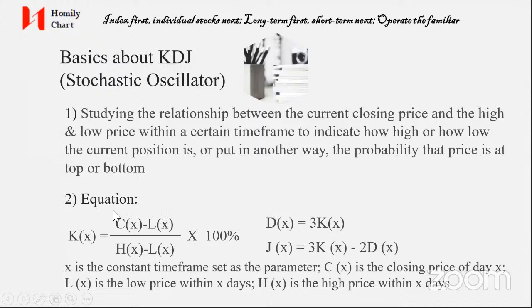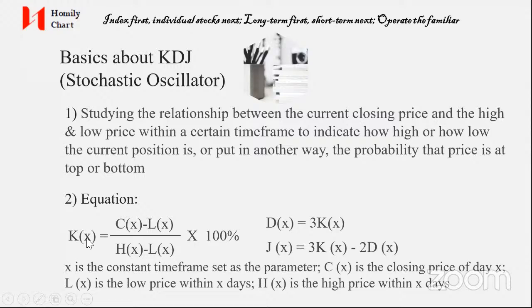This is the numerator here. And then the denominator is the high price for the last 14 days minus the low price for the last 14 days. For that 14 days, we find the high price, we find the low price, then we subtract, and then times 100%. This is how we get a value for K.